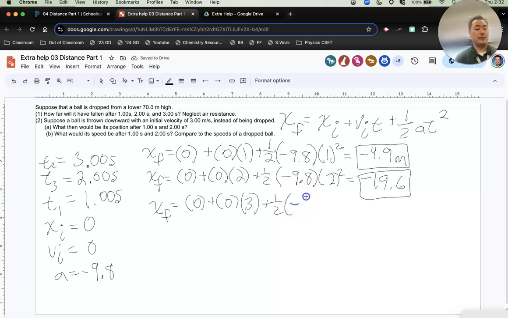Not just 9.8. Negative 9.8. And then what's the last parentheses? 3 squared. Juan, you're up. Came back too fast. That's correct. Negative 44.1. Very nice.